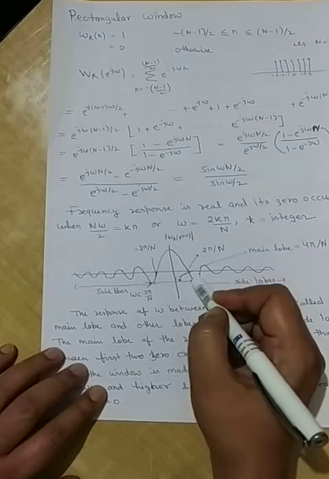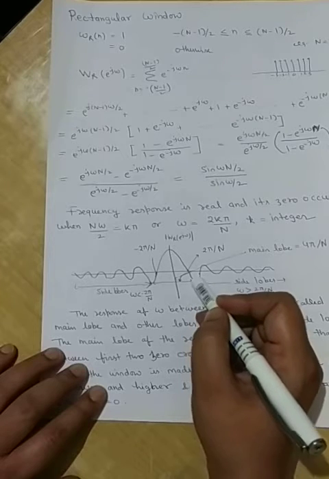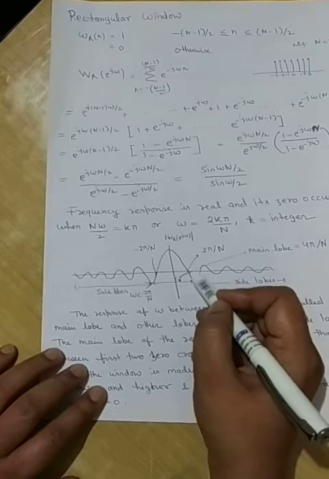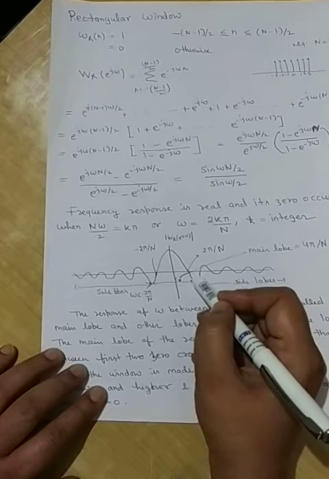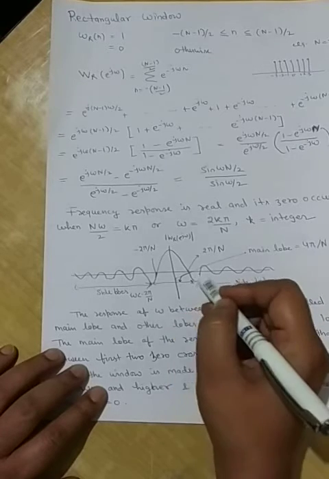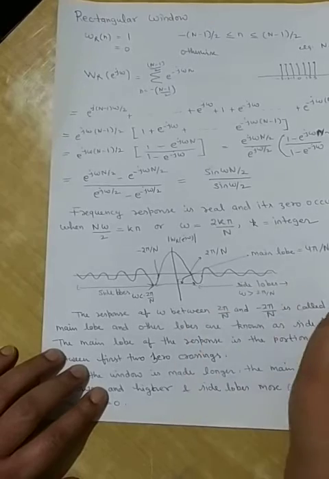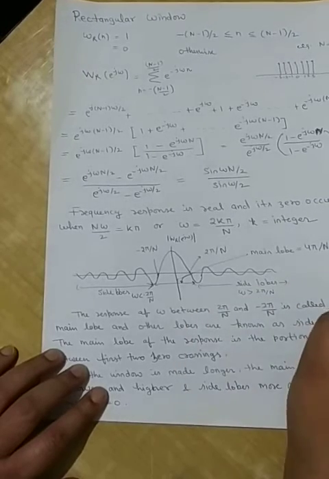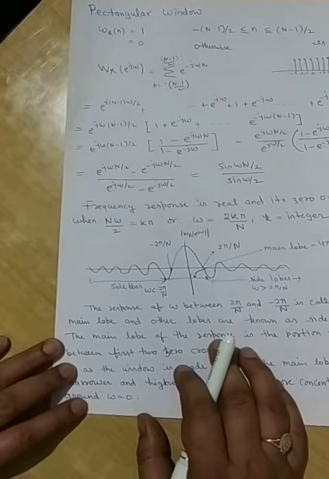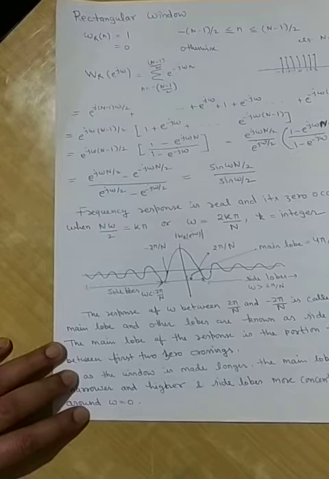Also the peak of the first side lobe must be as small as possible. One more thing, the side lobes must decay rapidly as they go towards higher values of n. These are the properties that we normally desire at the time of FIR filter designing.